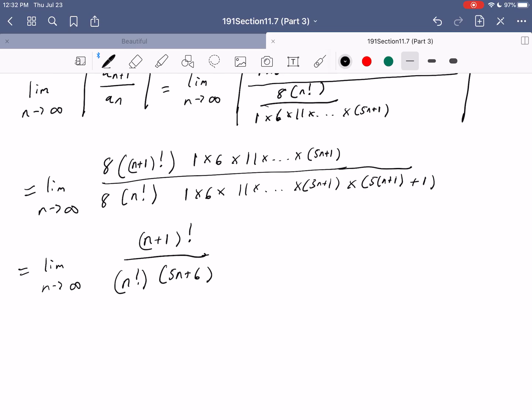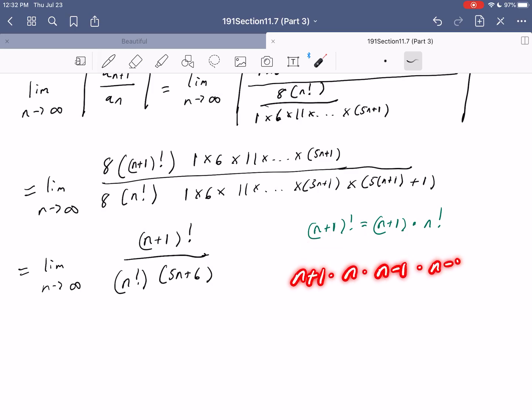Okay. Now we can go ahead and simplify here. Remember, there's this sort of trick that n plus 1 factorial can be thought about as n plus 1 times n factorial, because what is a factorial? It's n plus 1 times n times n minus 1 times dot dot dot. So that means n plus 1 factorial is n plus 1 times n times n minus 1 times dot dot dot.